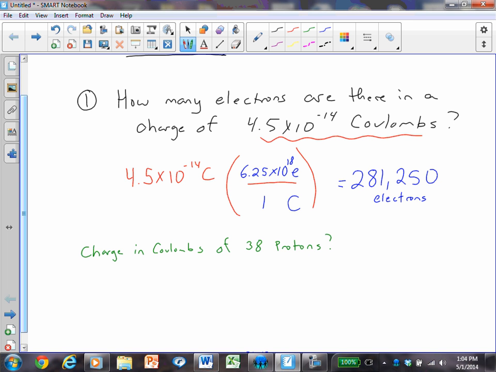Is he right? Yeah, they're just opposite. So 38 p, but 1 p is 1.6 times 10 to the minus 19 coulombs.